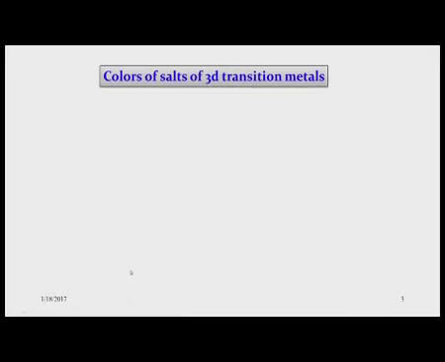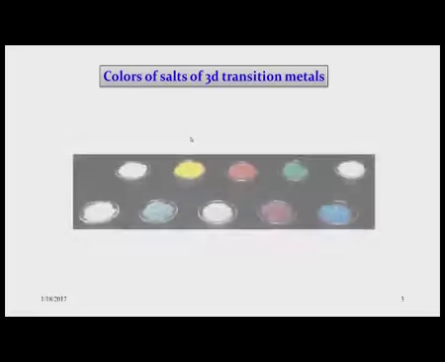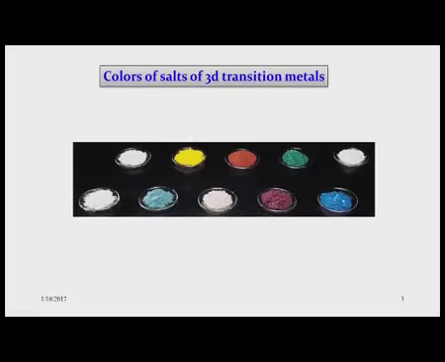So, if we go back to what we were just discussing, you are having these compounds where the colors of the different salts, like nickel chloride or iron chloride, we must have some idea about the corresponding colors. So, here we have taken say 5 plus 5, 8 salts.